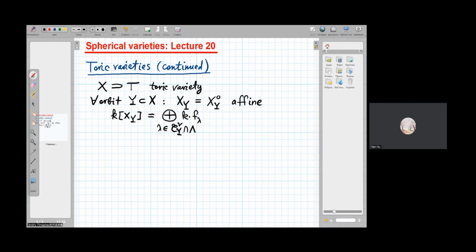So for this semigroup algebra, we know from Gordan's lemma that the semigroup of lattice vectors in the dual cone C_Y check is finitely generated. Let's pick a finite set of generators, say lambda 1, ..., lambda m, generators of C_Y check intersect with the lattice.